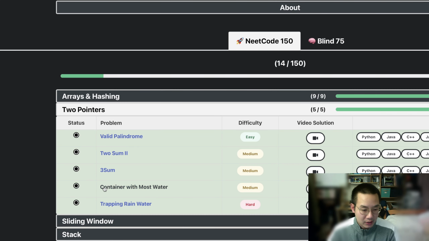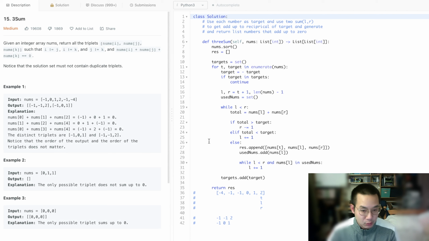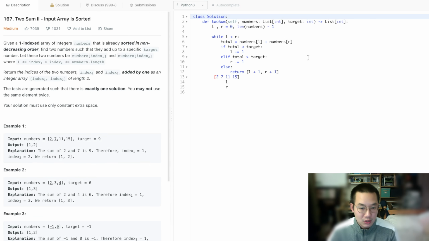So let's check out container, 3-sum, 2-sum, and the valid palindrome. We checked out the left side and the right side. That's valuable information. 3-sum, valuable information, looking at the left side and the right side of each particular target. 2-sum 2, same thing.